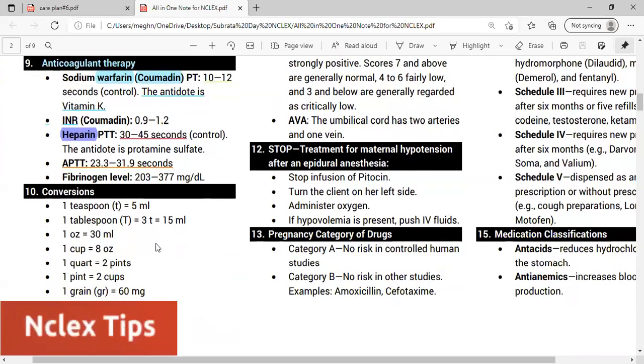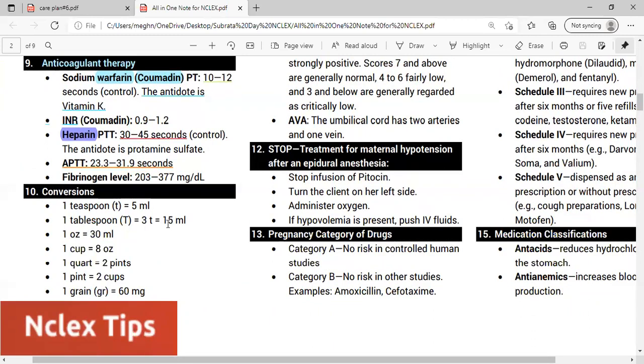And here we can see a few conversions. Sometimes the NCLEX board gives some mathematical problems, so conversion is the first step. One small teaspoon equals 5 ml, but a tablespoon equals 3 small teaspoons, or 1 big spoon.